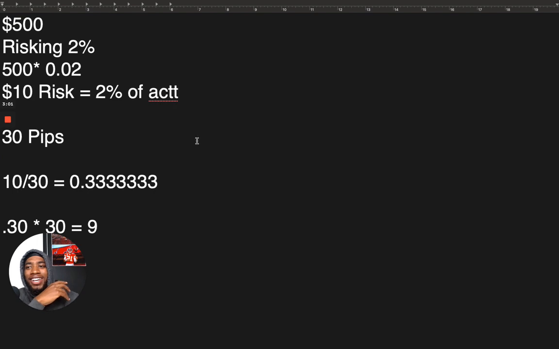I think y'all can. So we got a $500 account. We're risking 2%. We're gonna take that 500 times 0.02. That's 2%. If you, of course, go up, maybe 5% is 0.05. If you want to risk 10%, it's 0.10, and so forth from that point on.